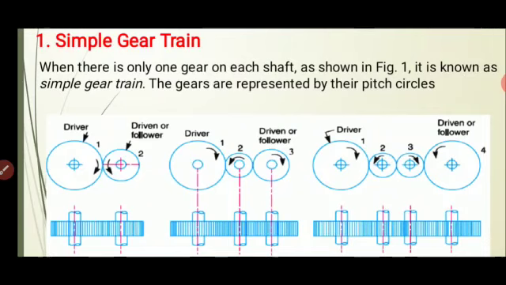So let us define the velocity ratio. Velocity ratio is defined as the speed of the driver gear to the speed of the driven gear, that is N1 divided by N3.